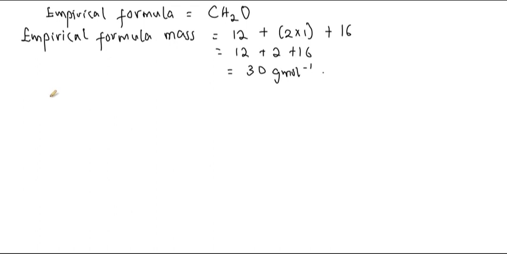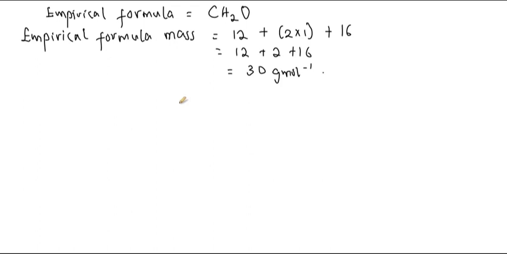Now for the multiple, if the empirical formula mass is 30 and the molecular mass is 180, then we need to know the number of times this will be present in the molecular mass.